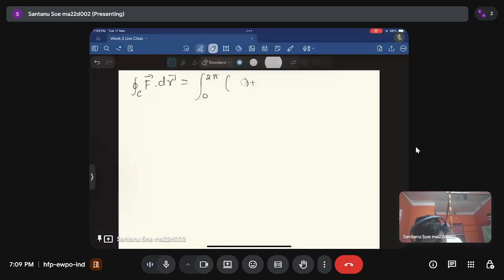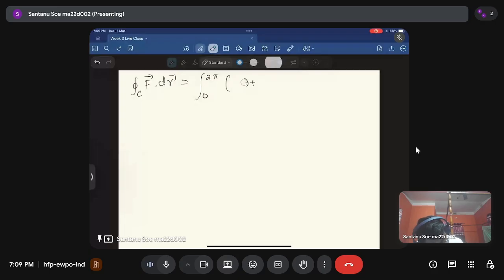So this is minus 27 t plus 18 sin of 2t by 2, from 0 to 2 pi. This is minus 54 pi plus 0.